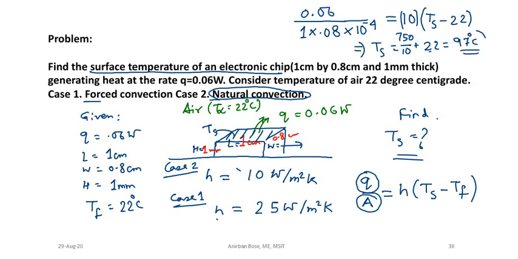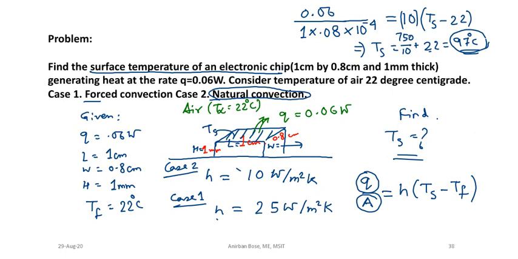You see 97 degrees centigrade is too high, and if there is no fan, nothing is there, then the chip will be damaged. The chip temperature should not be more than 60 degrees centigrade or 55 degrees centigrade.